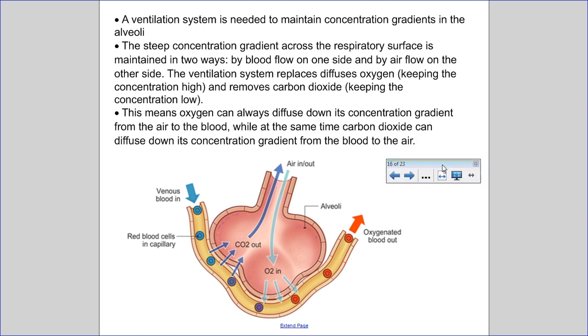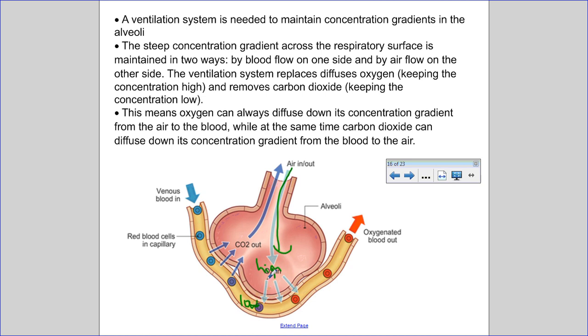So a ventilation system is important because it is needed to maintain concentration gradients in the alveoli. So the steep concentration gradients across the respiratory surface is maintained in two ways. There is the blood flow on one side and the airflow on the other side. So if we have our alveoli here and we look at air coming in, a steep concentration gradient is maintained in that we keep O2 levels high in the alveoli, and in the blood vessels they are relatively low.